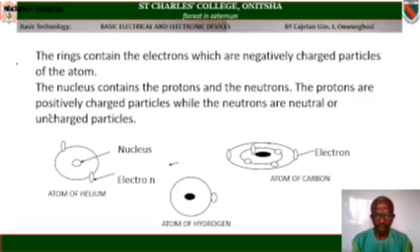Then we have atom of hydrogen, which contains 1 ring surrounding the nucleus and with 1 electron. The atom of carbon consists of 6 electrons. 4 electrons are in the middle, the innermost ring, while 2 are in the outer ring.